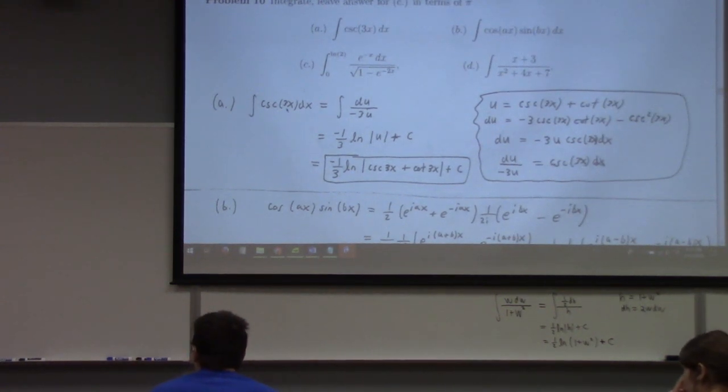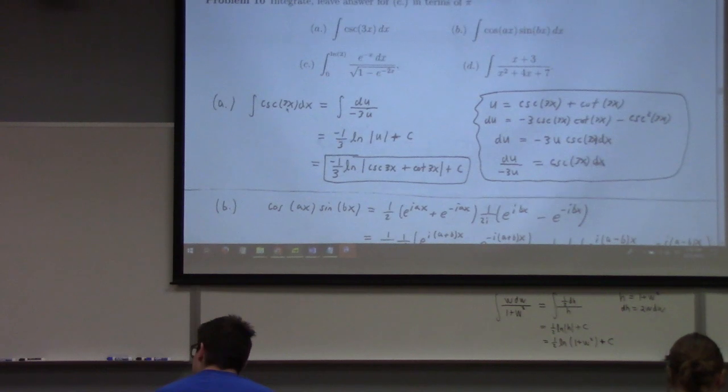Why would I do that? Because I know that I can take a sine squared and I can convert it to a cosine squared, right? But it comes at a cost, which is what? It comes at a cost of 1 minus the cosine squared, right?